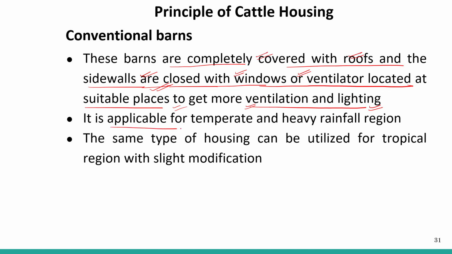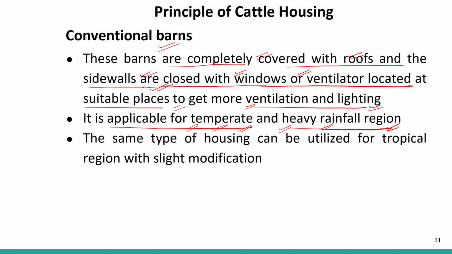It is applicable for the temperate and heavy rainfall regions. It will be difficult for the animals when there is a heavy rainfall, so they can be protected in the conventional barns. And even in the temperate region, when there is a lot of cold, they can get proper protection. So these types of barns are made in the temperate region and the places where there is heavy rainfall.